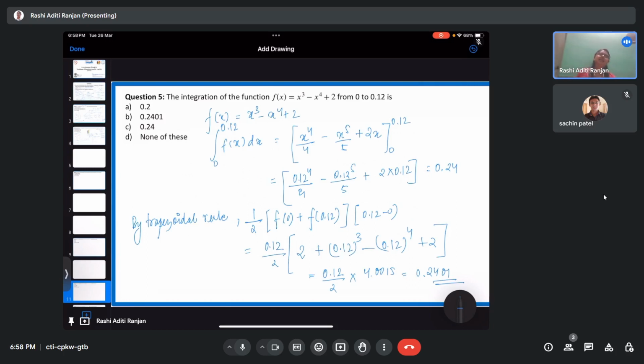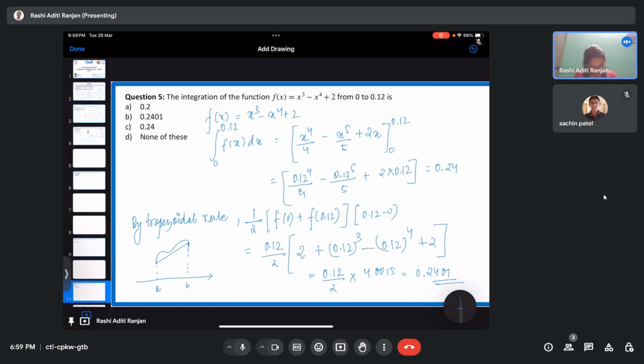However, you see the error is very small, the reason being that my limit of integration is already very small. If my limit of integration had been 0 to 1, the error would have been higher. Right, because if you remember, the trapezoidal rule considers that if this is my point A on the x-axis and this is B, though my variation can be a curve, it assumes that it is a straight line.